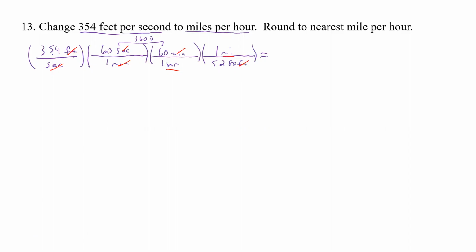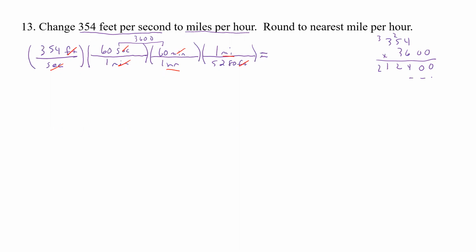And so we can take that times 354. So 354 times 3,600. And again, we just drop those two zeros down. Now we have 6 times 4 is 24. And that's 32. That's 18, 19, 20, 21.